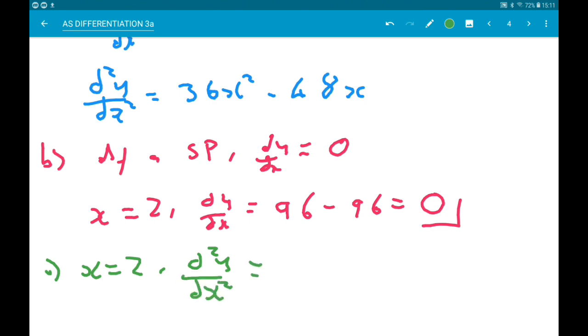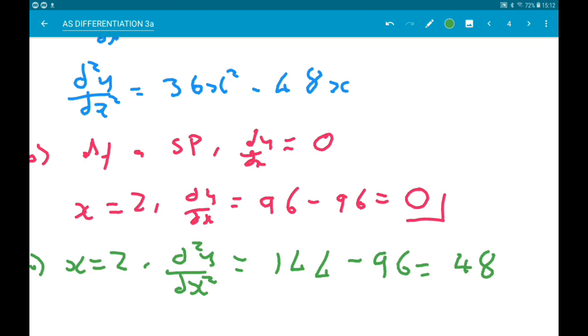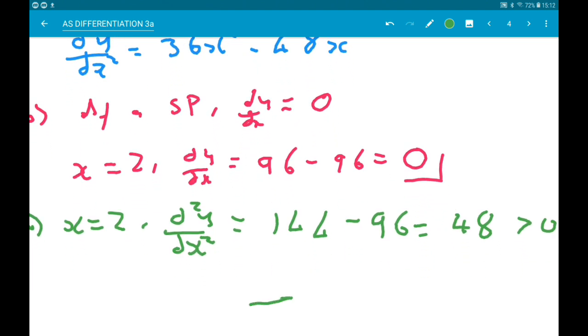And we are going to get 36 times 4, which is 144, minus 48 times 2, which is 96. Now that gives us 48, which is greater than 0. So again, we have a minimum.